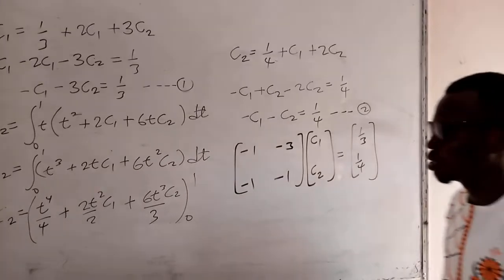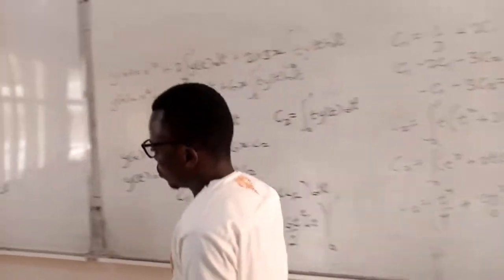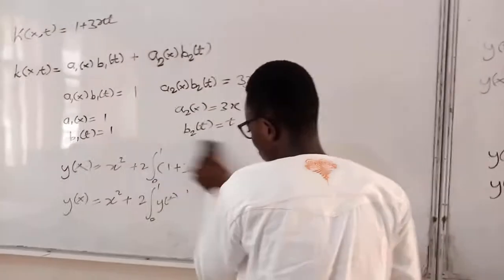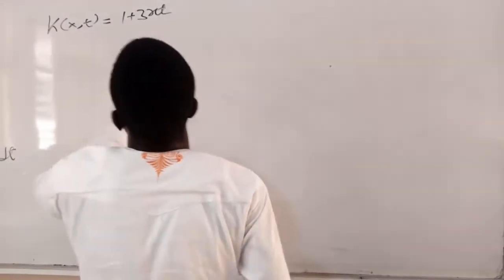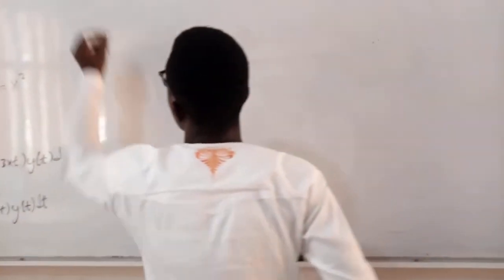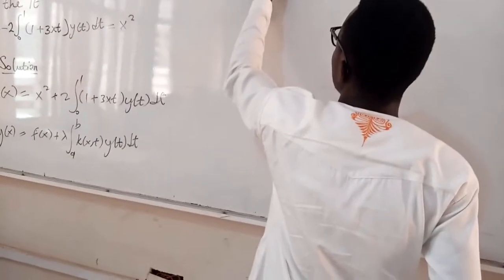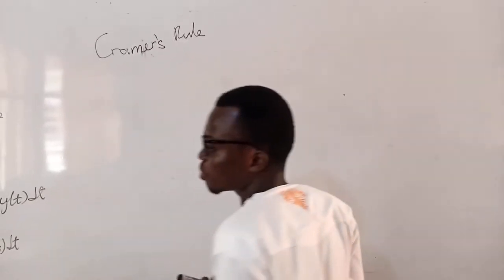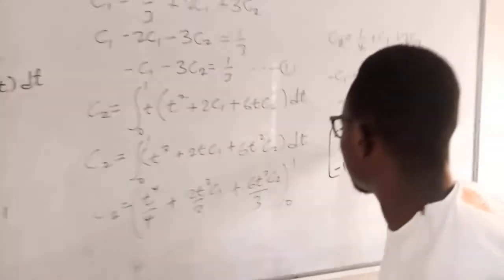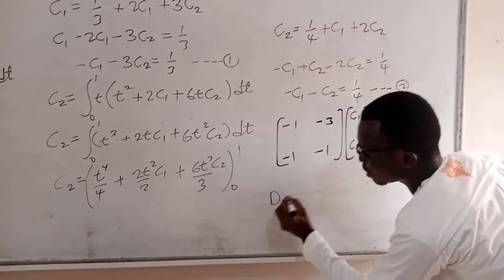Now I'm going to use something called Cramer's rule. From Cramer's rule, let's represent this whole matrix as D. So D should be equal to the determinant of this matrix.